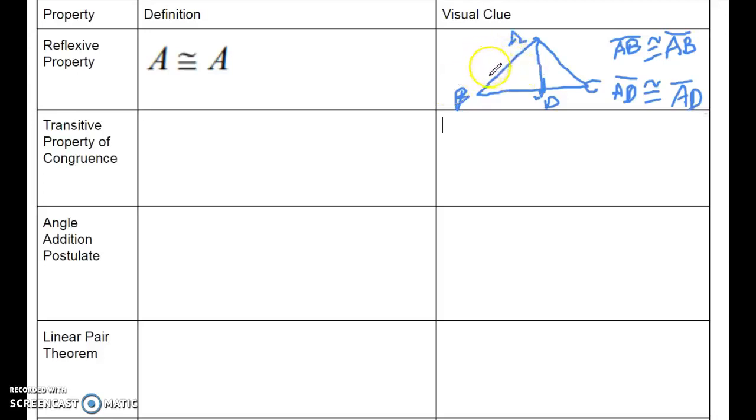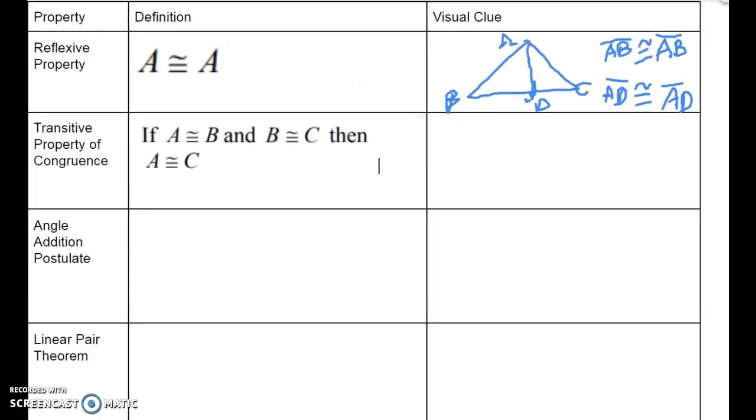Okay, now for the transitive property of congruence. The transitive property of congruence is simply if A is congruent to B and B is congruent to C, then A is congruent to C. So for instance, this can be used for angles.